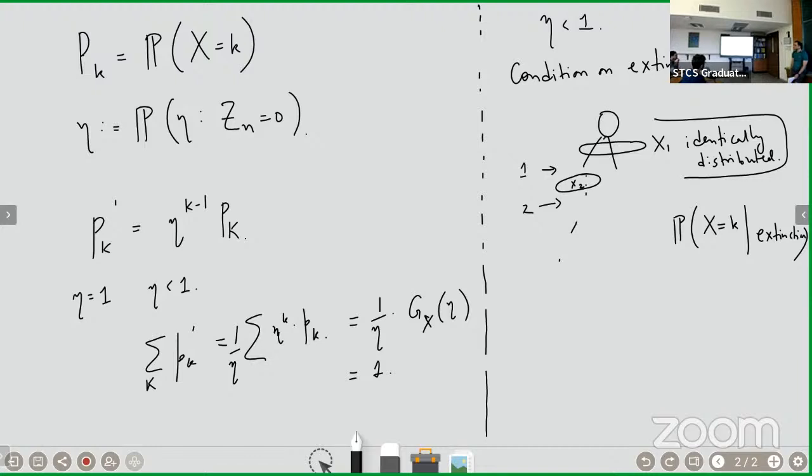Can anybody see why? You can give me a special case also. The claim is that it is nothing but eta to the power k minus 1 times p_k, where p_k was the original probability of X equal to k.